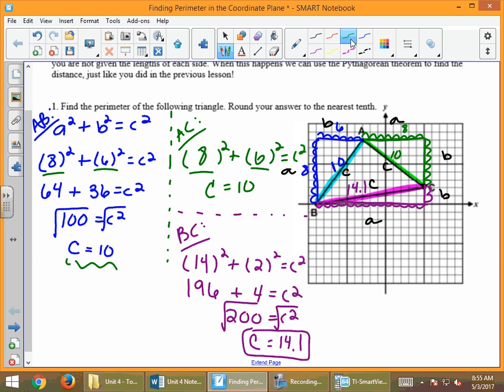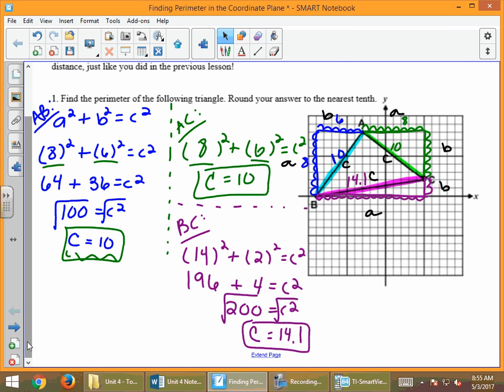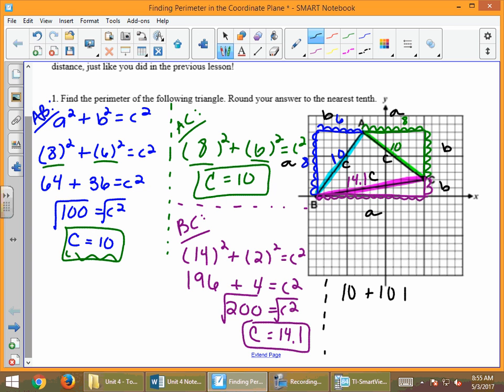Now that we found the distance of all 3 sides, we can find the perimeter, because we're going to take what we got for all 3 sides and add them together. So we're going to do 10 plus 10 plus 14.1, which is 34.1.